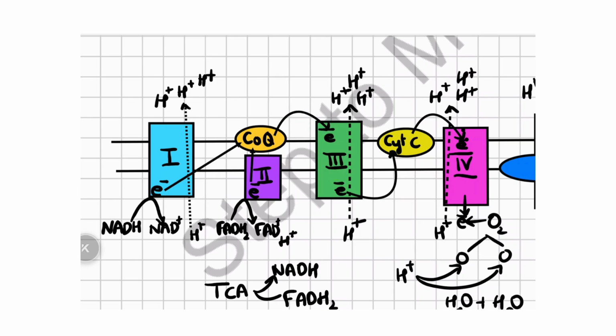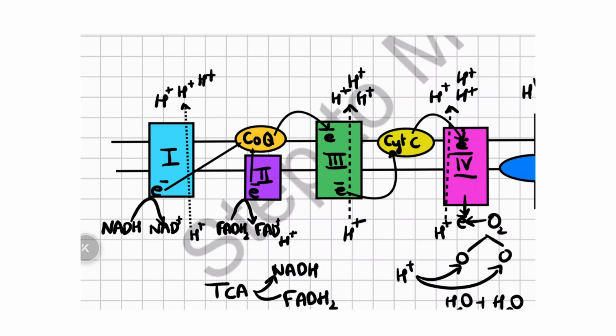Again, the electrons undergo multiple redox reactions and supercharge complex 3. And once the complex gets supercharged, the protons present in the matrix are shot out into the intermembrane space, again increasing the proton gradient.